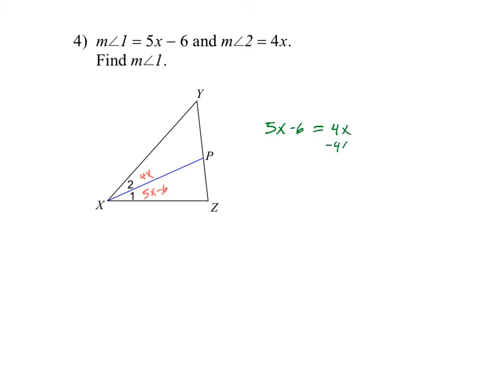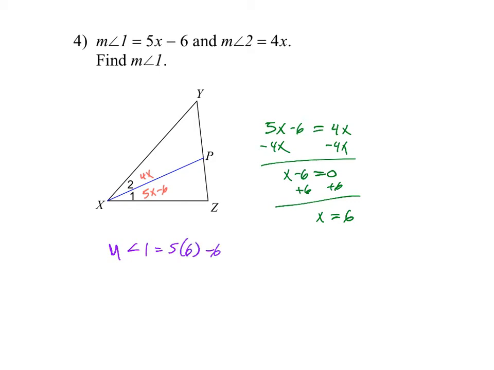Minus 4x on both sides, so x minus 6 equals 0, and x equals 6. Now I'm going to plug that into angle 1: 5 times 6 minus 6, 30 minus 6 equals 24 degrees. That's the measure of angle 1.